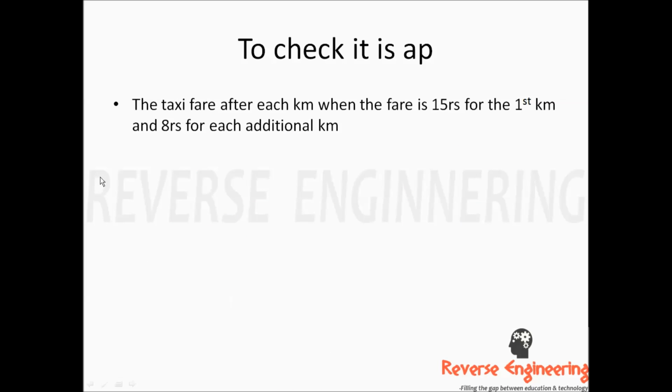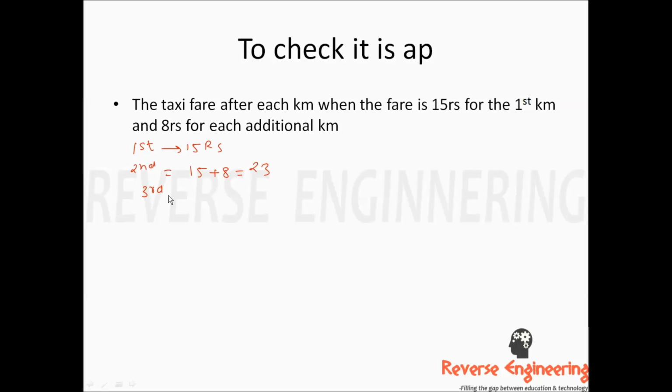We'll go ahead and do the second problem. The taxi fare after each kilometer, when the fare is 15 rupees for the first kilometer and 8 rupees for each additional kilometer. For the first kilometer I will need 15 rupees. For the second, the additional one, I will need 15 plus 8 rupees, so it will be 23 rupees in all.